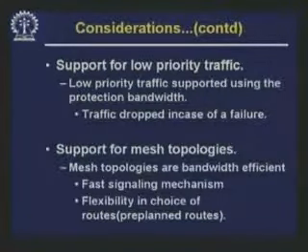Support for low priority traffic, that is another consideration we might have. Low priority traffic is supported using the protection bandwidth, and traffic is dropped in case of a failure. As I mentioned earlier, in order to give some protection capability into the network, we have to build in some kind of redundancy. Now, when there is no failure, naturally that redundant link would be idle. Whatever the redundant provision in the network, it is going to be idle.